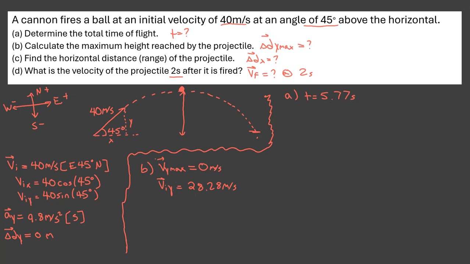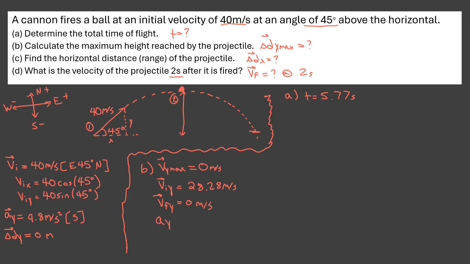And then instead of writing it as Vy max, I can basically evaluate this as my point 1 and this being my point 2, so my initial and my final position, and say that my final velocity in y there is going to be 0.